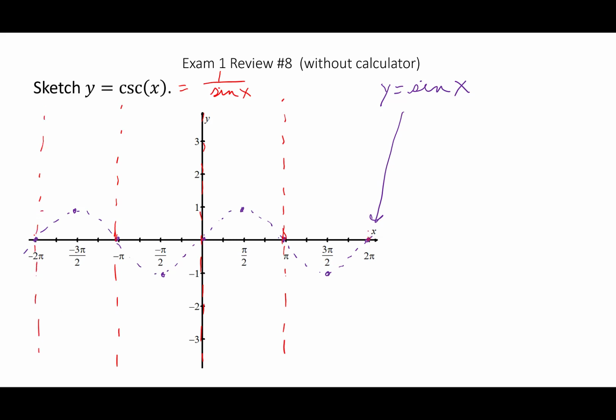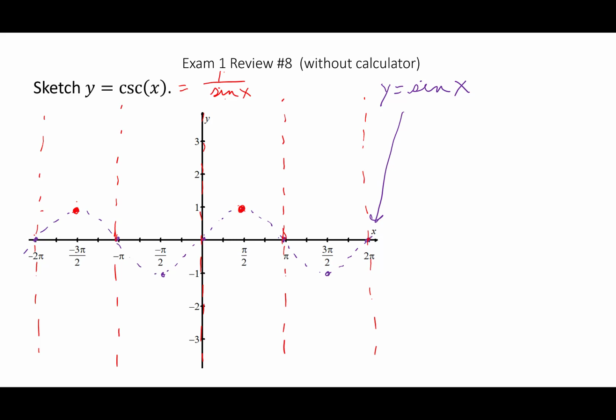All right, and then also some other points that I can easily grab here. When the sine is equal to 1, the cosecant would be 1 over 1, or 1. So whenever we have a high point on the sine graph, we're actually going to have a low point on the cosecant graph. But the same point will be on both the graph of the sine and the cosecant at the high points on the sine graph.